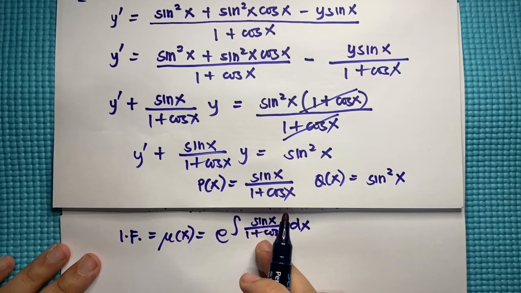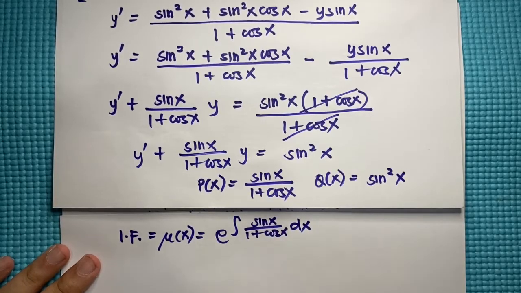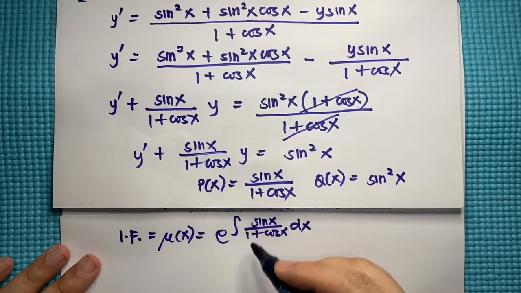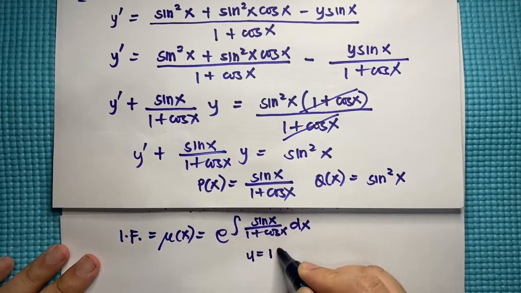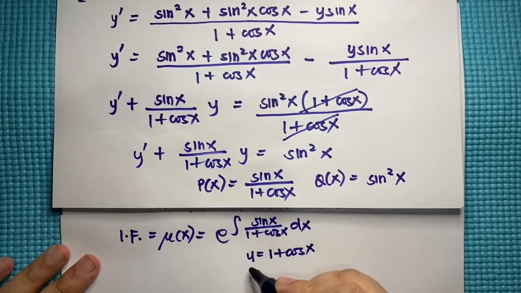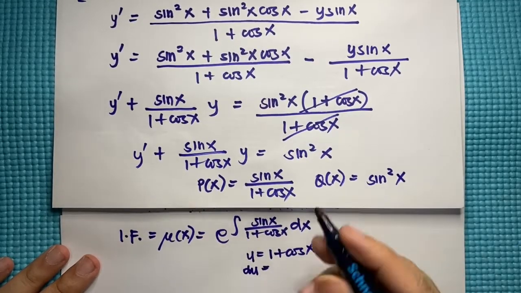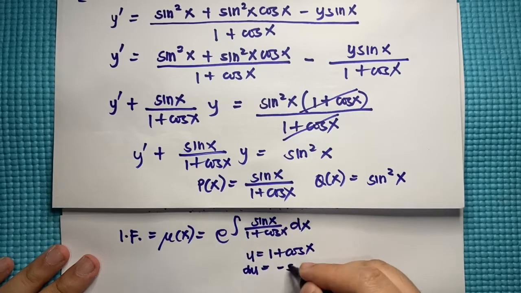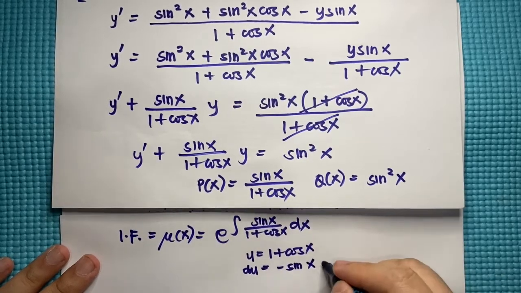If we derive cos x, that would give us negative sin x. So if u is 1 + cos x, our du would be negative sin x dx.